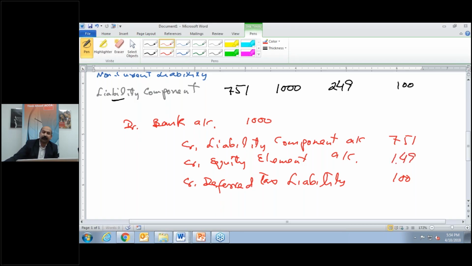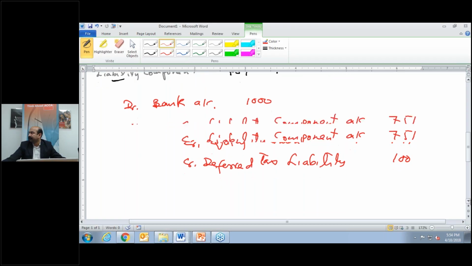So this is the entry if you are residing in a country where tax is applicable. But if you are in a country where there is no tax, IAS 12 is simply not applicable, so you do not need to bother about it.